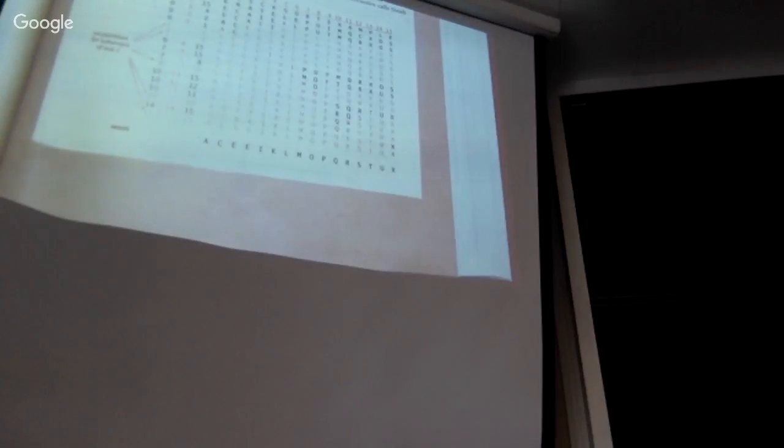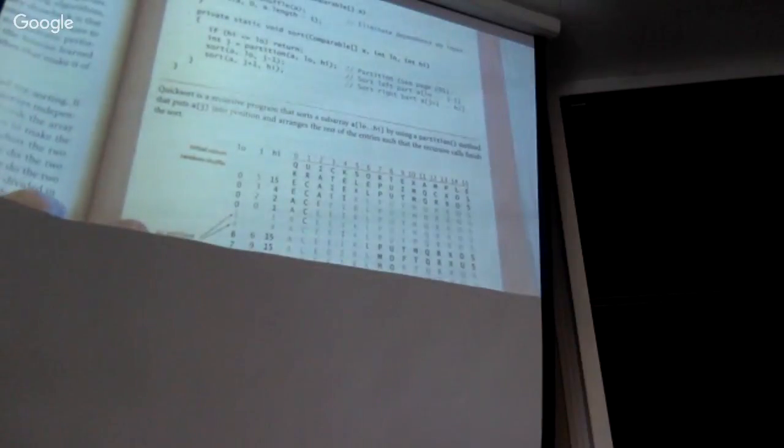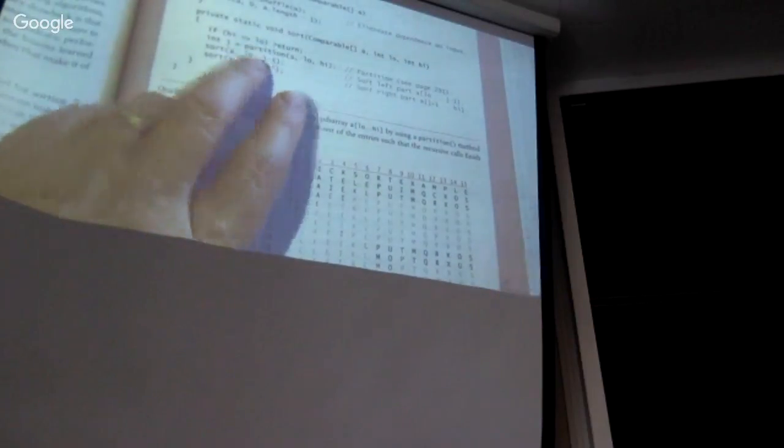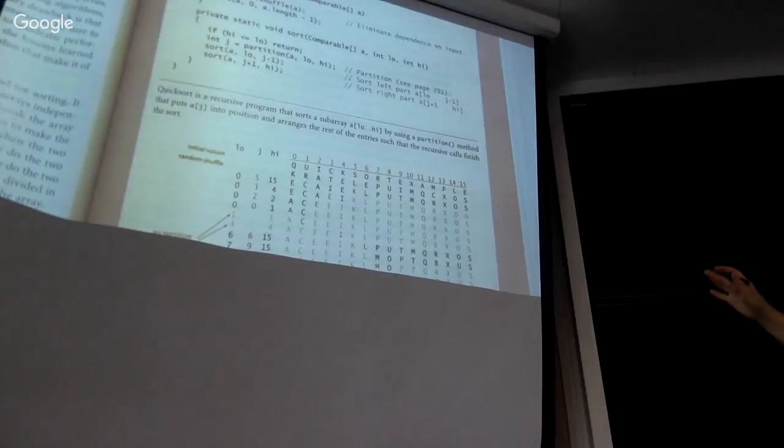So let's look at the basic algorithm. I start by calling a recursive sort routine, and then inside the sort routine, basically what I want to do is sort a lower part and an upper part, just like with merge sort.